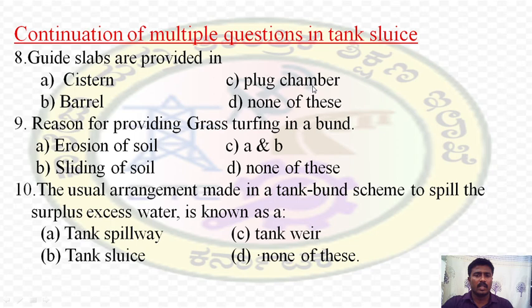So next question is reason for providing grass turfing in a bund. Option A erosion of soil, option B sliding of soil, option C A and B, option D none of these.